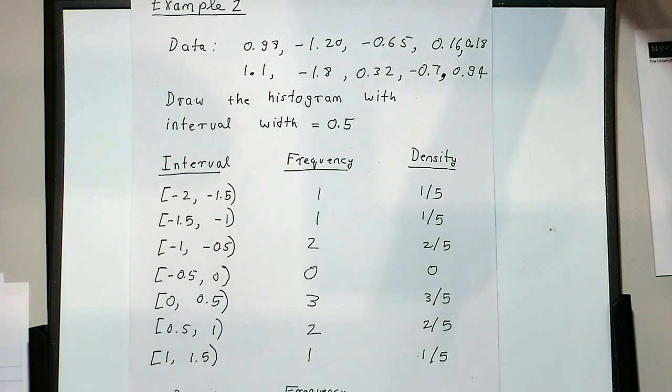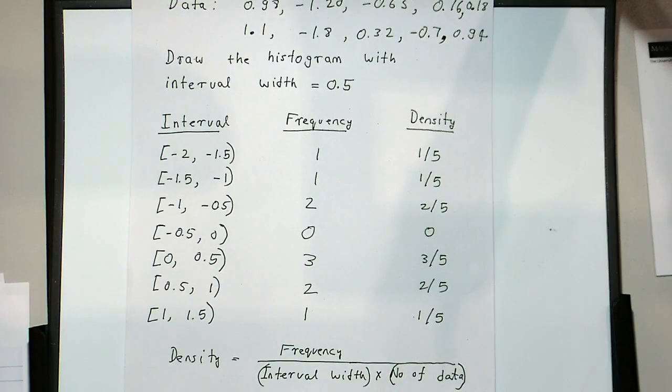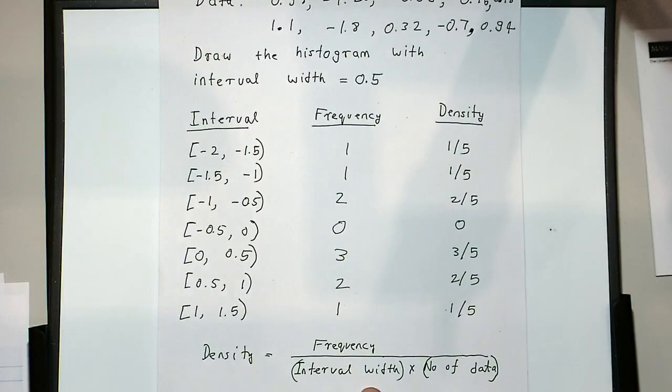All right? You see what I've done, right? I used this formula here. So frequency divided by the interval width times the number of data, where the number of data is 10 because you had 10 data points. The interval width is 0.5, right?